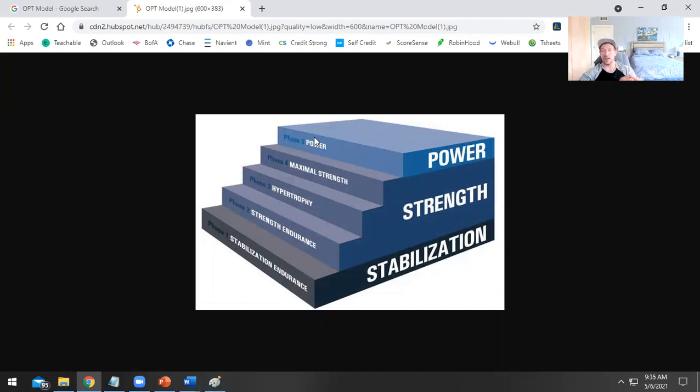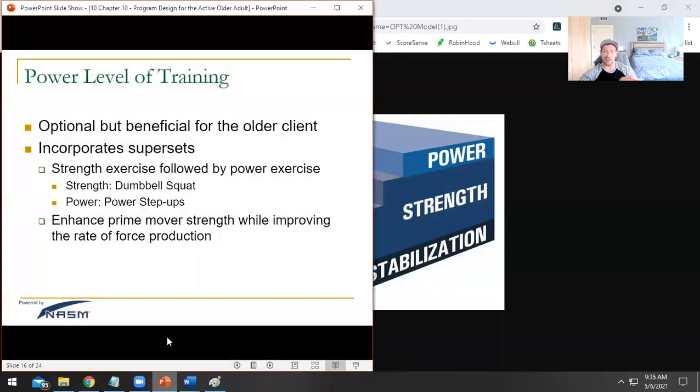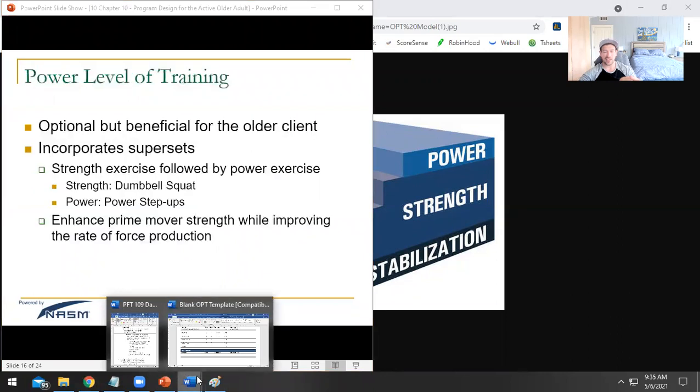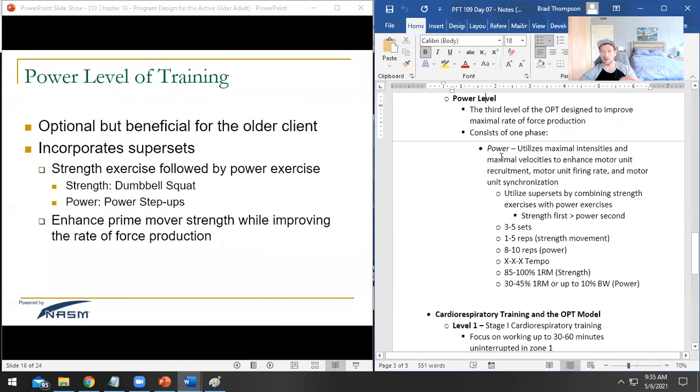We are going to do a high force exercise in the style of maximum strength, and a high power exercise in the style of power.